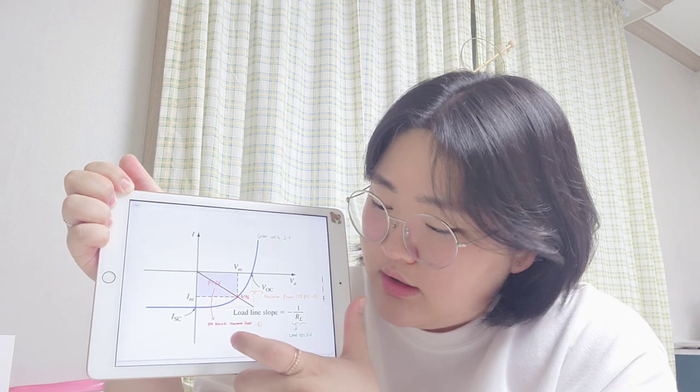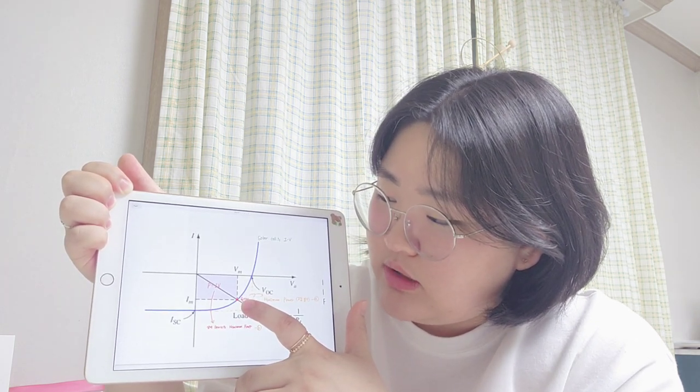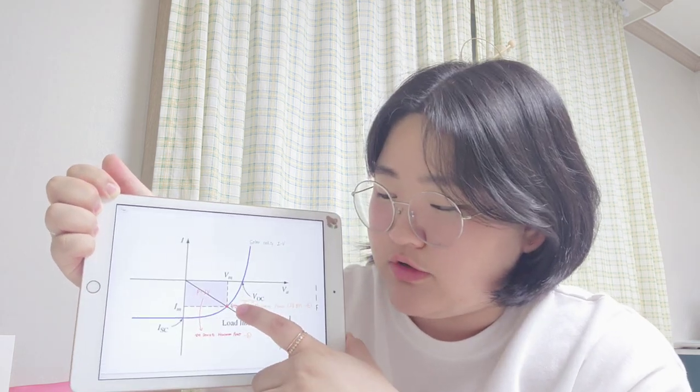So the real power, which is the product of VM and IM, where it meets the load line slope, is the real power, and we can calculate the fill factor with these two powers: VM times IM over VOC times ISC.